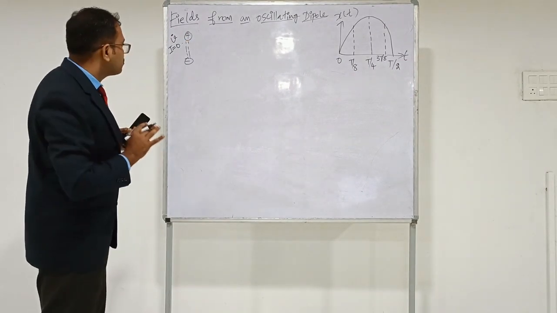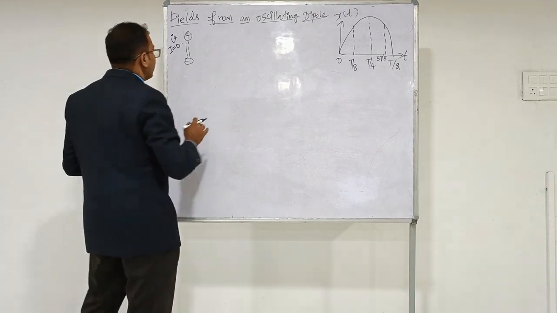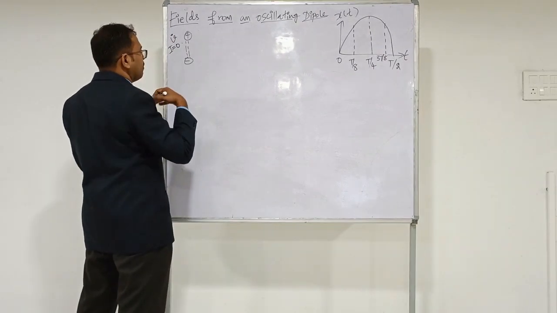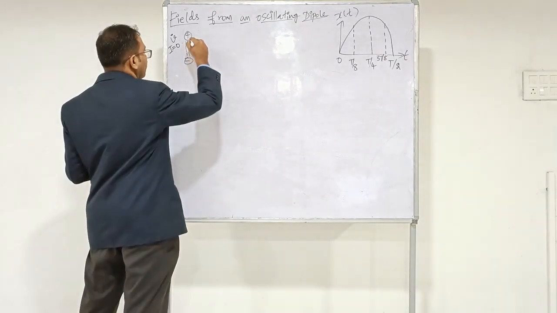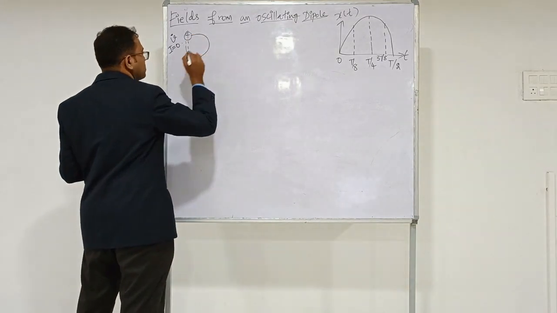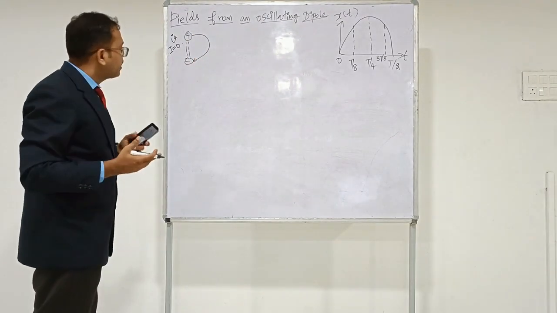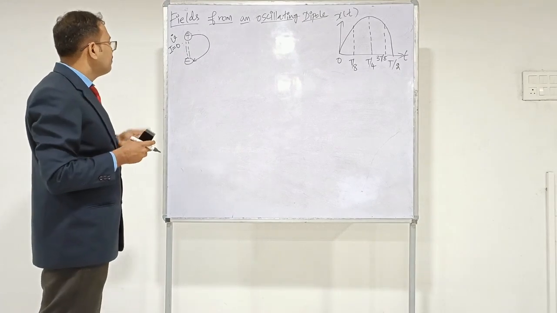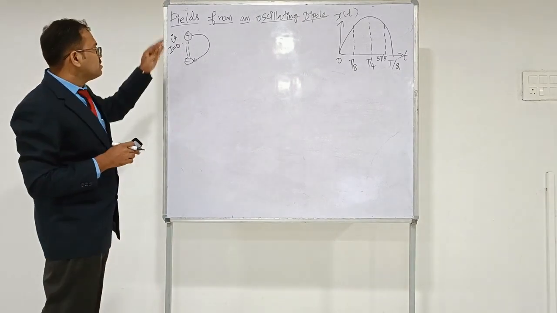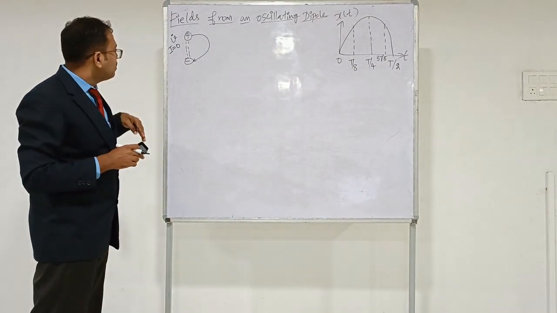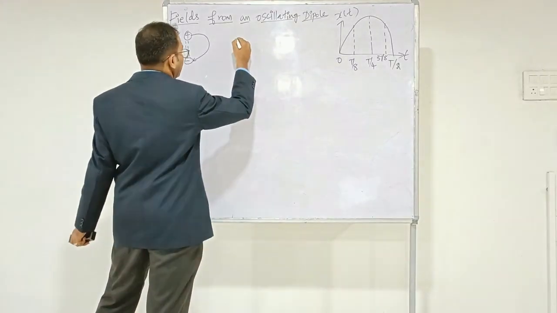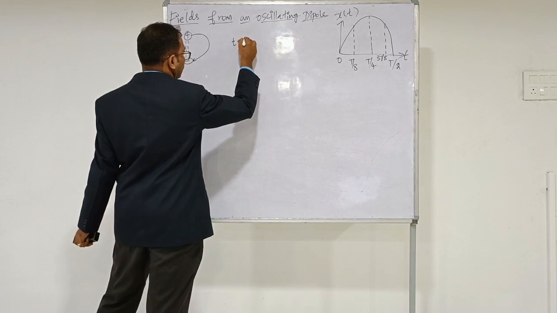That is what we are supposed to know, right? Field lines will start from the positive charge and terminate at the negative charge. It's quite well known. This is with respect to time t equal to 0.